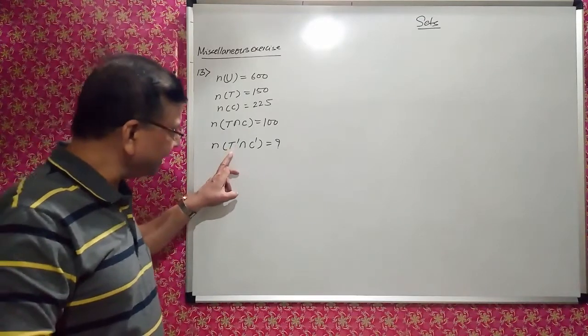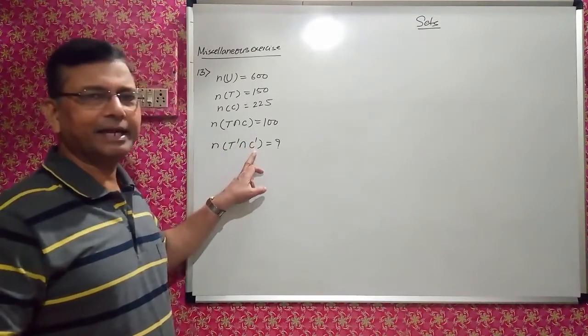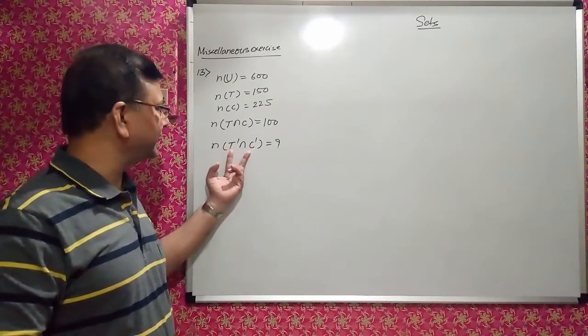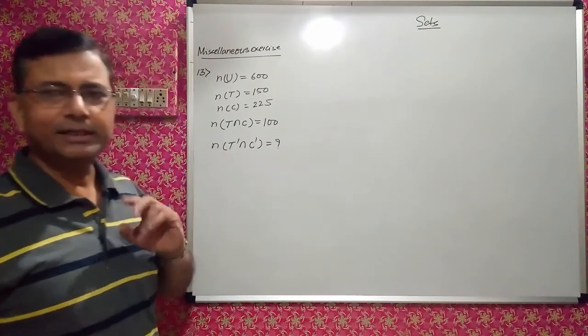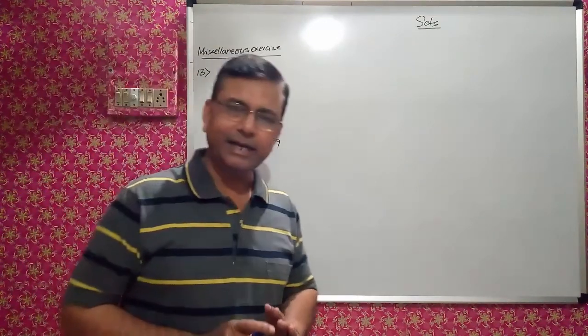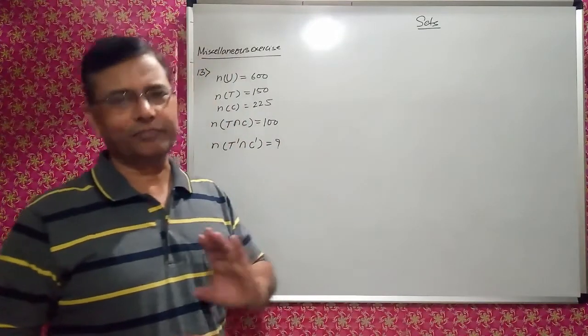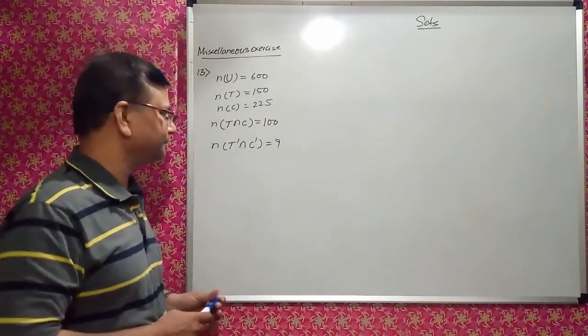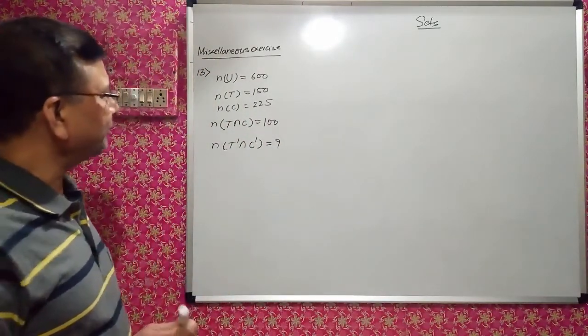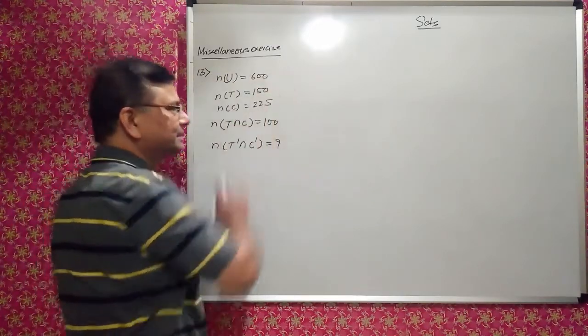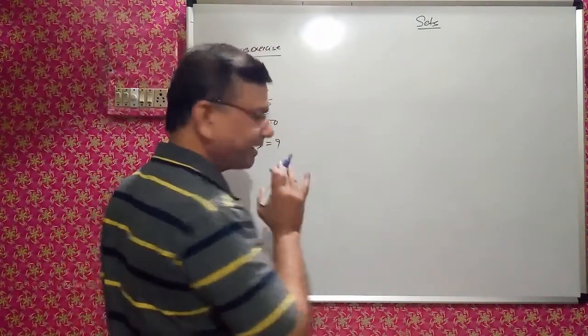Those who take neither tea nor coffee. So this we have to find out: those who are not taking either tea or coffee, right? For this, there are 600 students, so we will solve it by Venn diagram.